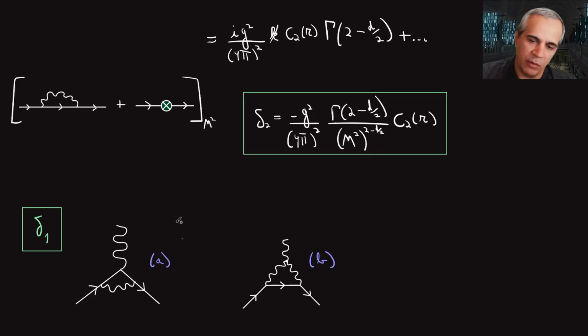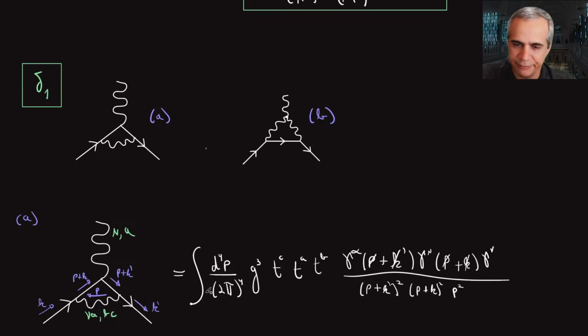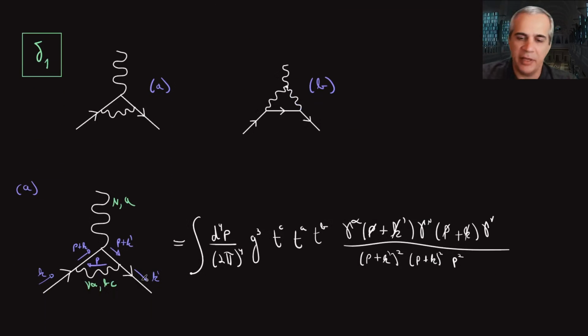Let's start by calculating the one on the left, so diagram A. Here I defined all the momenta in the most convenient way, and again, I always have to define the indices that are going to be contracted on the vertices. I have to follow these to write the Feynman rule.